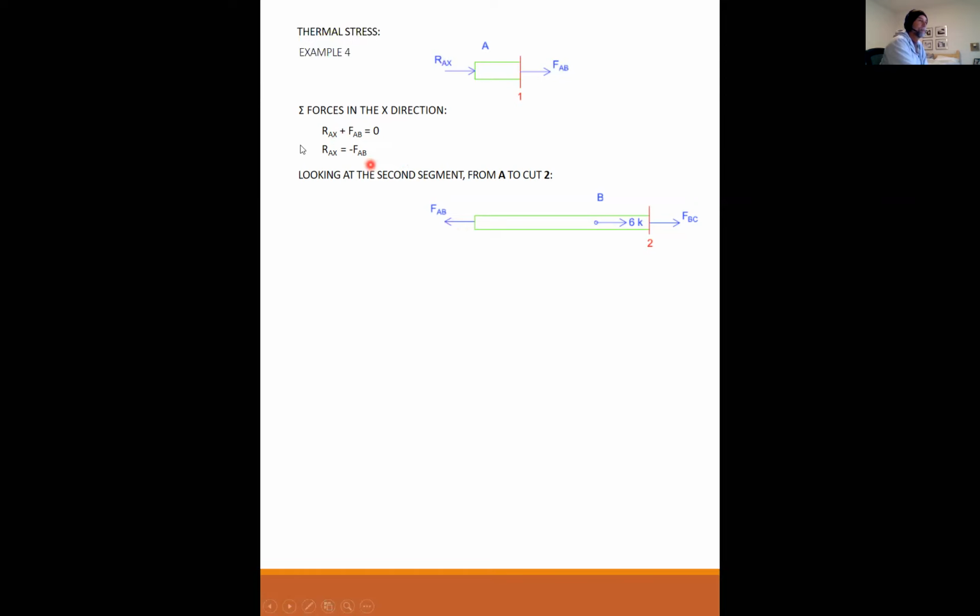And then my cut is on the other side of the point load, so I put in my 6 kips to the right, and I put in my FBC in my assumed tensile direction, and sum forces. Summing forces in the X direction, I have minus FAB plus 6 kips plus FBC equals 0. And guess what I have now?